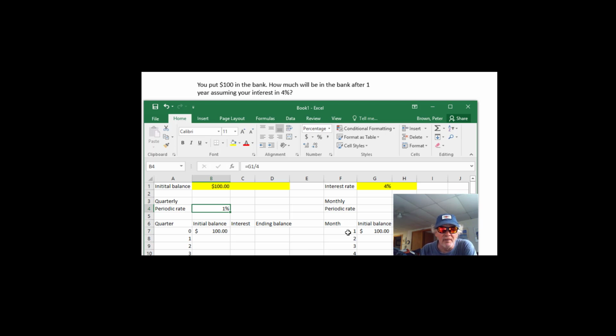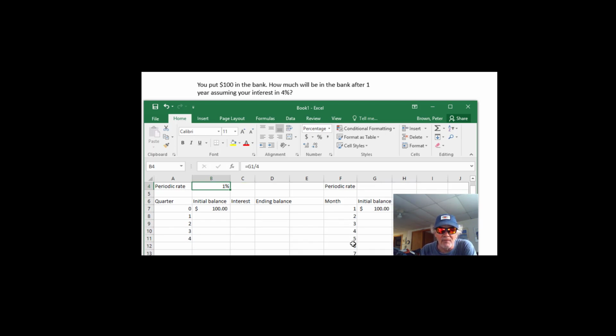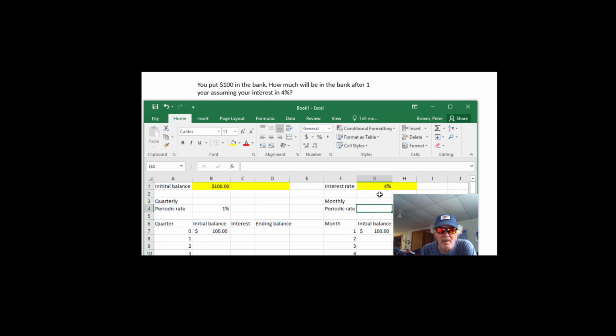Now, if I was going to compound it every month, right, then my periodic rate would be, if you recall, 4% divided by 12, because it's being compounded every month. And that, as a percentage, would be a little bit more, 0.333, right? So the percentage is less, but you're getting more compounds.